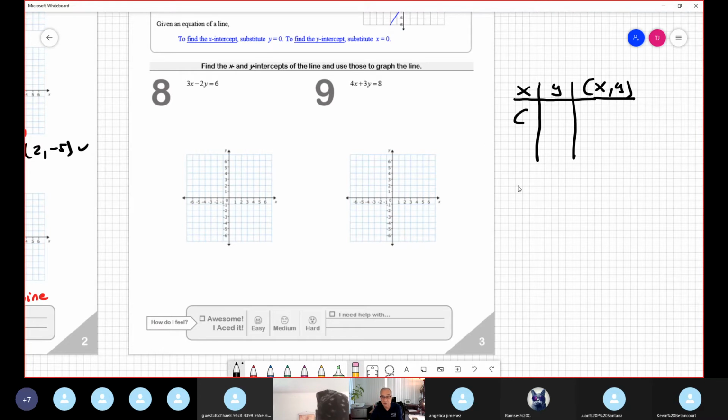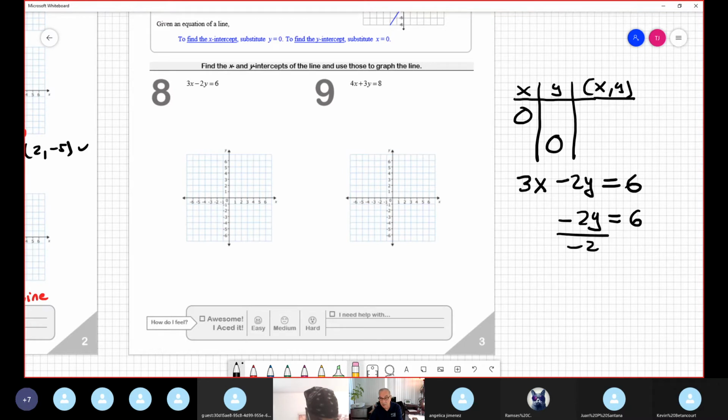So 0 for x, 0 for y. Plugging this number into the original equation, that's 3x minus 2y equals 6. If you plug in x equals 0, it's obvious. 0 is nothing, so that part disappears, and what stays is minus 2y equals 6.